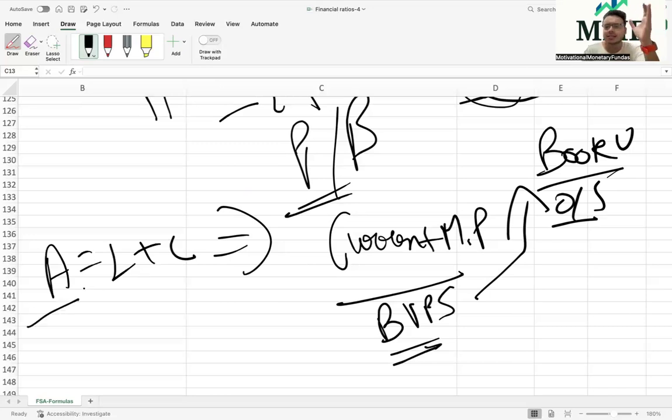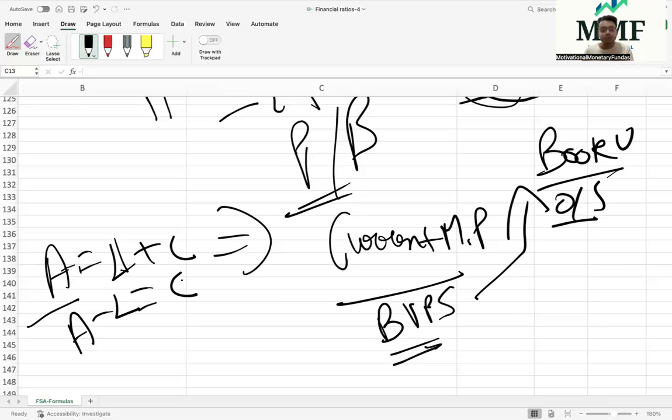The sum of your total assets will be equal to the sum of total liabilities plus the capital deployed in the business or the owner's funds. It's the same thing. So if we do assets minus liabilities, if you bring the liabilities over, simple maths, it is simply your capital or the owner's fund or shareholder's fund. So book value is equal to the shareholder capital or the shareholder's funds. Even if we take the total of shareholder funds from the balance sheet, it is the same. In shareholder funds, you have the equity capital plus the preference shares plus some reserves and surplus. Again, that is your book value, right?